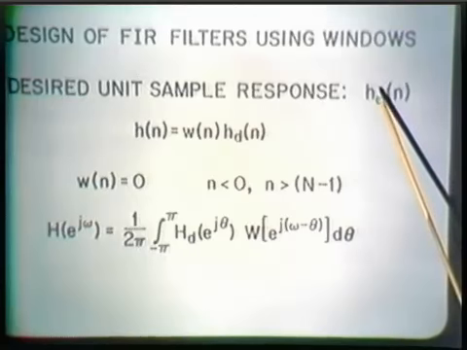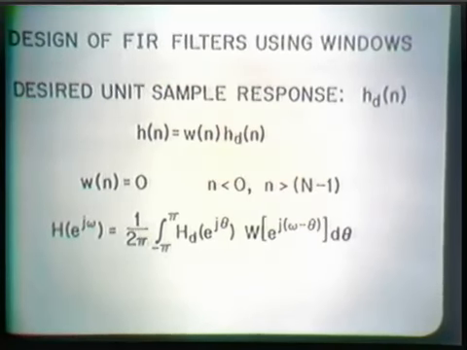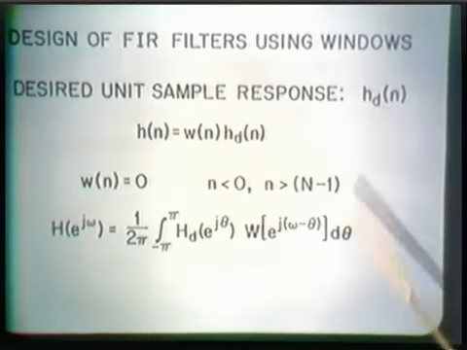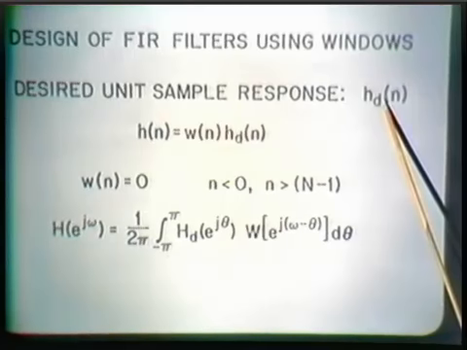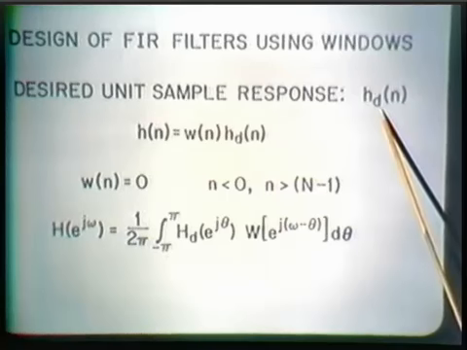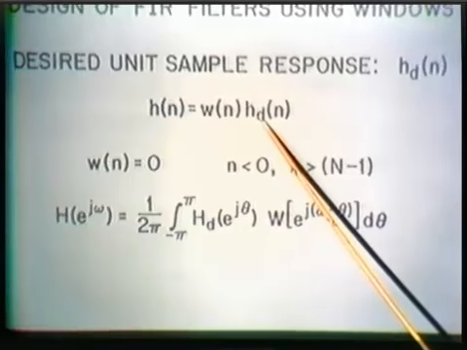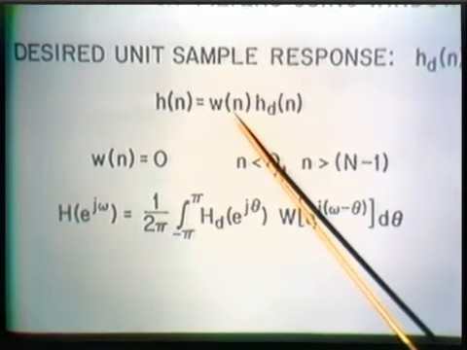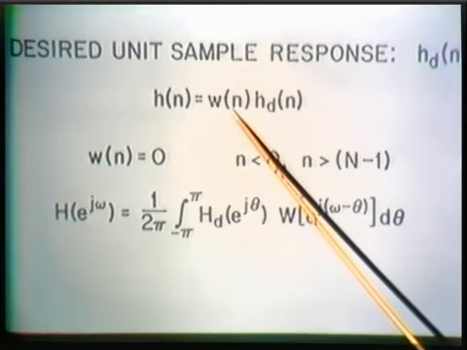So, in fact, it doesn't correspond to a finite impulse response filter, but we could imagine obtaining the unit sample response of an FIR filter by truncating this infinitely long unit sample response so that we retain only the values in the interval from 0 to capital N minus 1. Or more generally, we can imagine multiplying the desired unit sample response by a window, the window being 0 outside the interval from 0 to capital N minus 1.